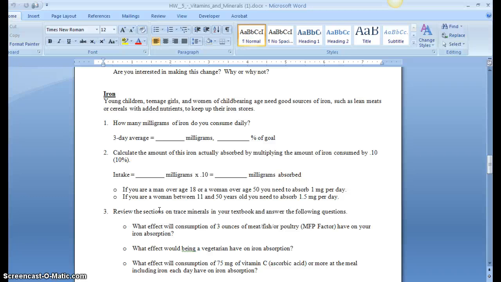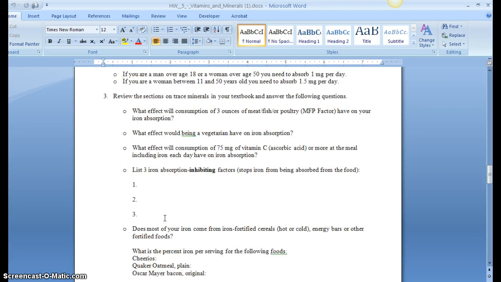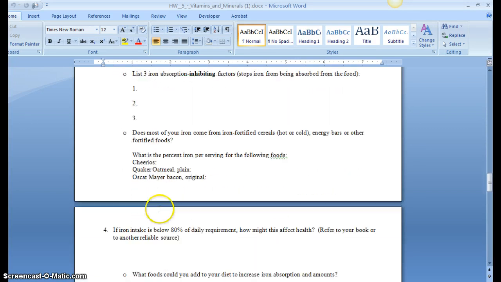Well, you can do it by adding certain foods that contain, I'm not going to give it away, that specific vitamin. Also, iron absorption can be inhibited even more greatly. There are reasons, and specific foods, that compete for absorption. That's what I'm asking in this section.